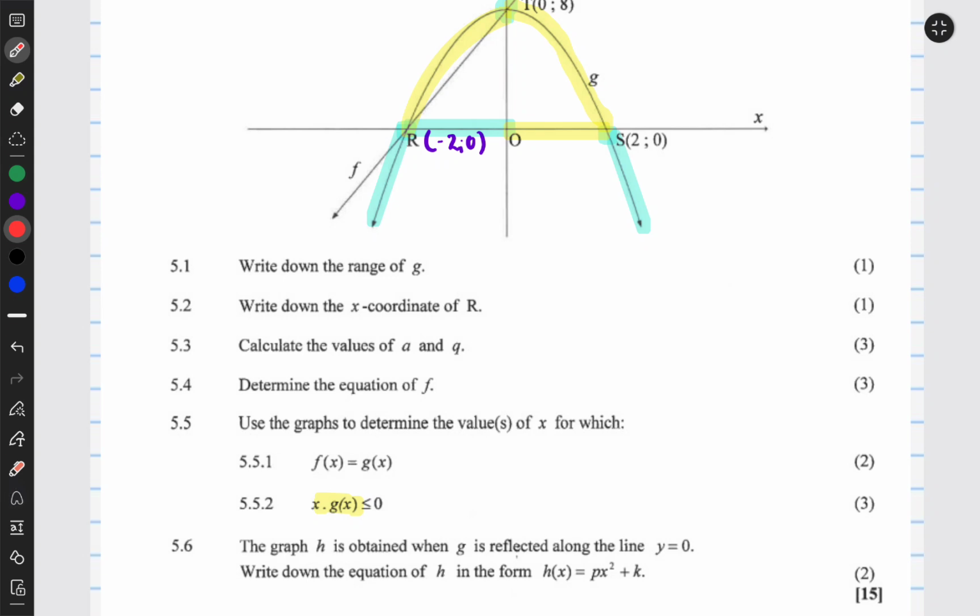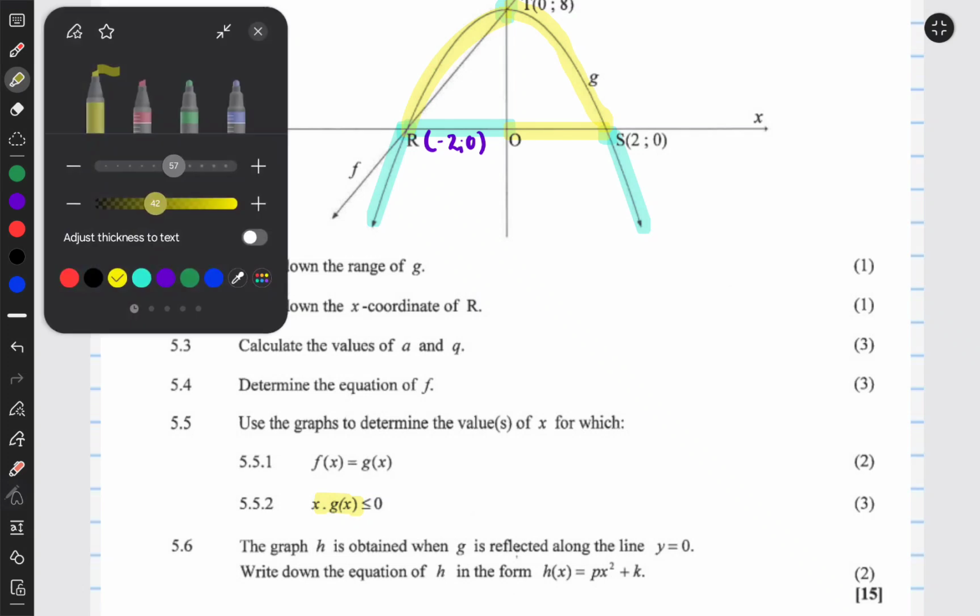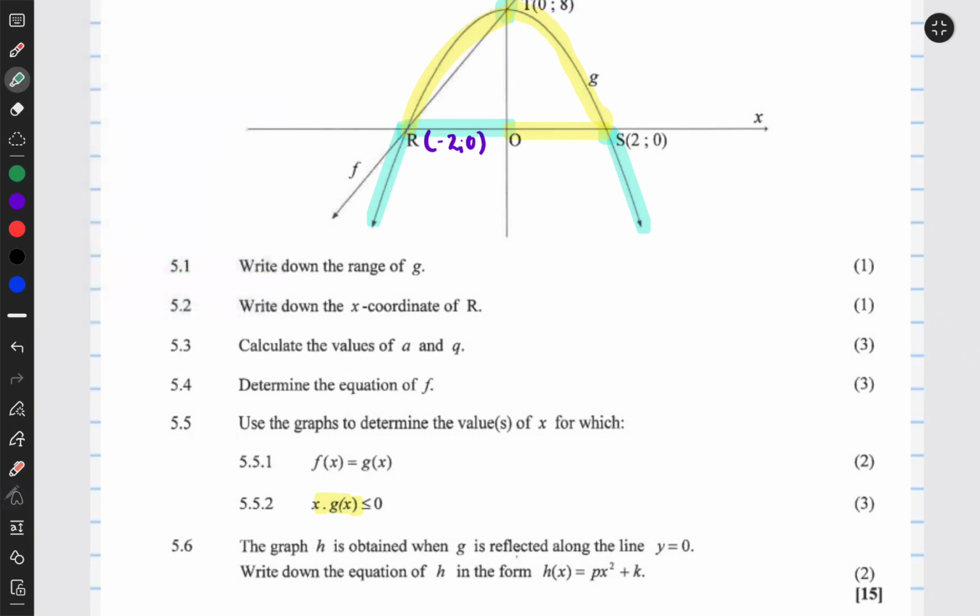From r, x multiplied by g, the negative values, we have negative values of x multiplied by negative values of g at x.